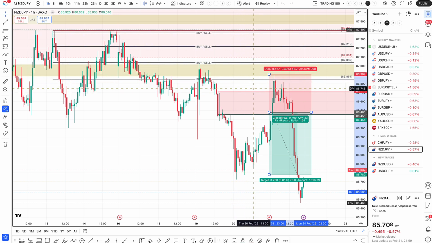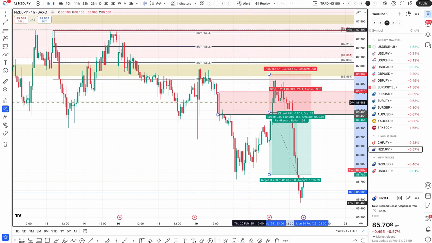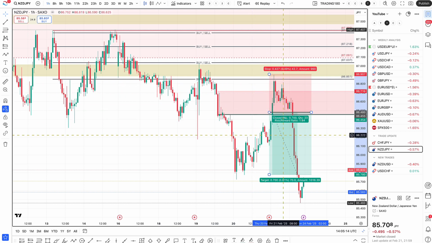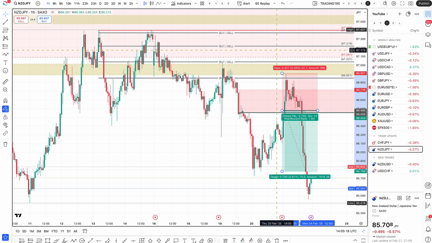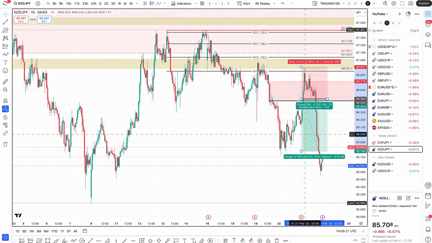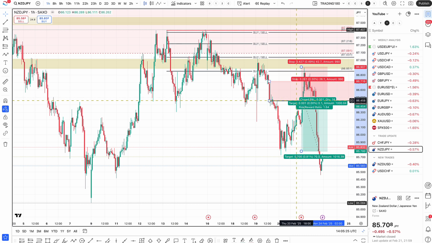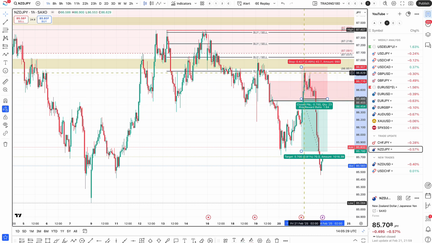So two small wins, and then pretty much a near break-even trade on four of the positions. So overall, again, a profitable idea. The idea was good and sound. It's just sometimes you get trailed out on volatility and liquidity hunting, right? Nothing we can do about that.